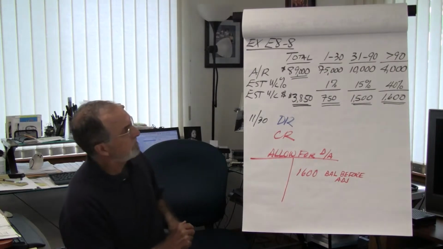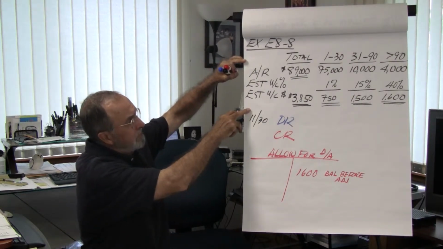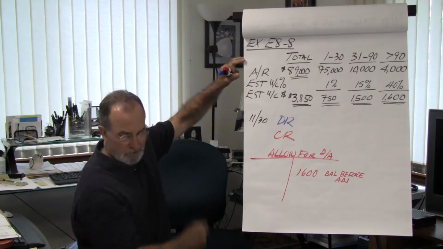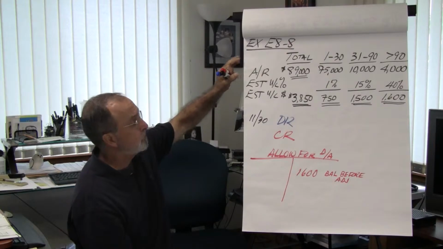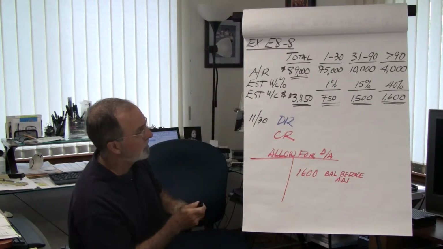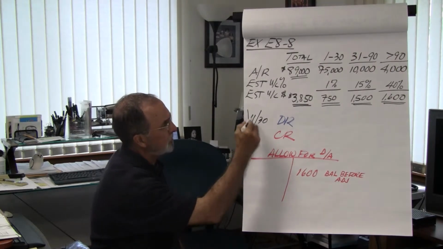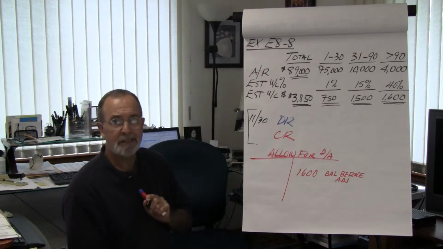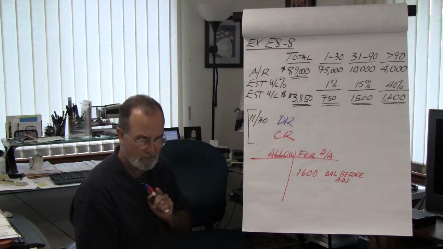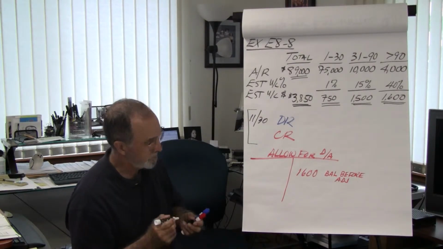What I've done here is I've shown the aging, which is what we're going to use in requirement 2. And so requirement 1 is right here, and that's going to be our journal entry applying the percentage of credit sales method at the end of November of 2010.